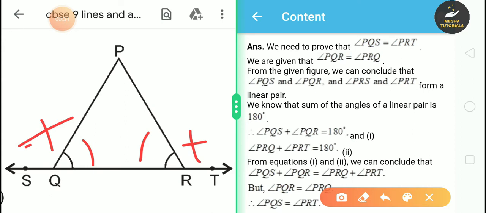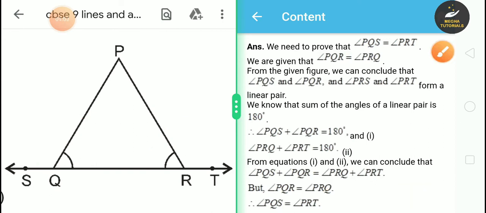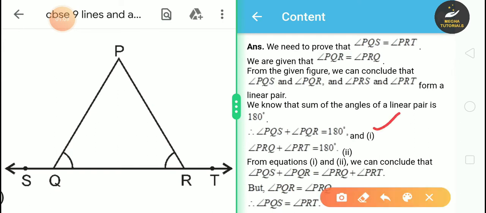Okay. Now please see the diagram. Angle PQS and PQR, this angle and this angle, are forming a linear pair, as well as angle PRT and angle PRS are also forming a linear pair. Therefore, these are supplementary angles. So we can write equations 1 and 2 as angle PQS plus angle PQR is equal to 180 degrees and angle PRQ plus angle PRT is equal to 180 degrees. Now the RHS of these equations are the same, therefore we can equate their LHS.